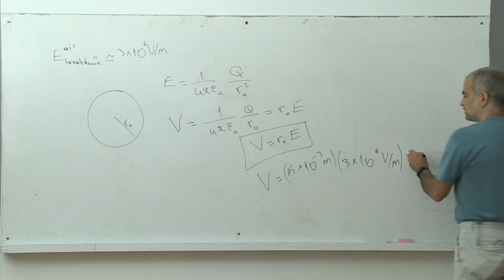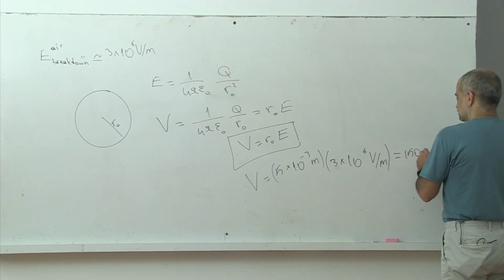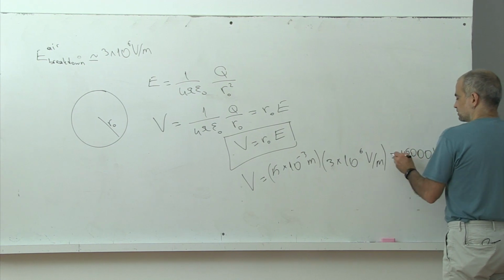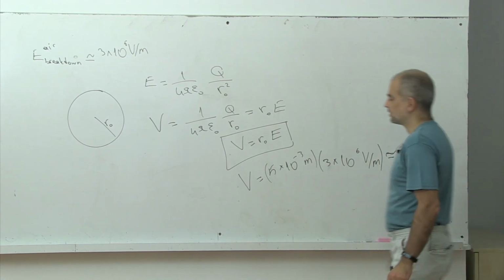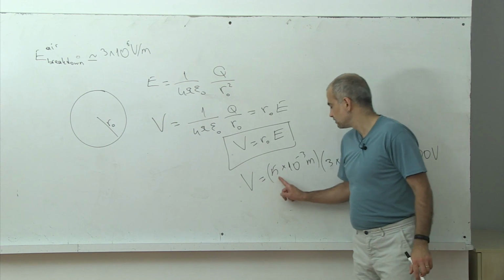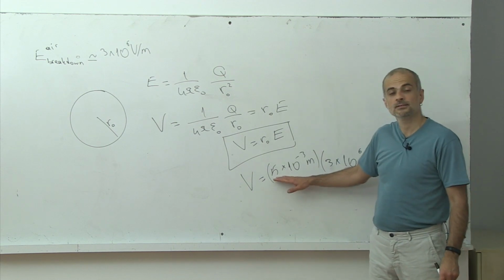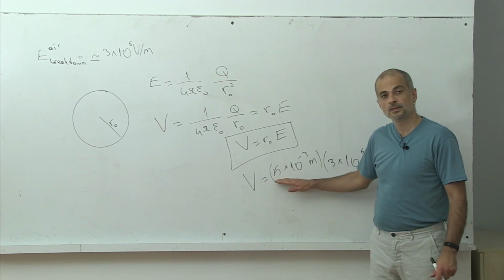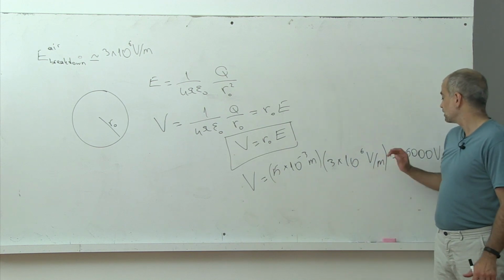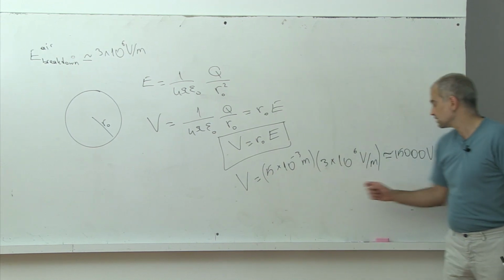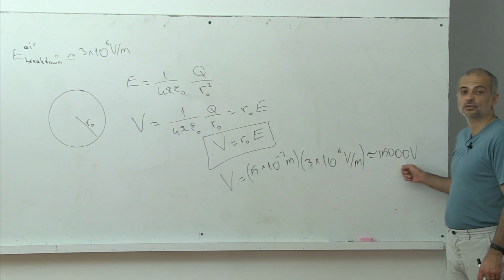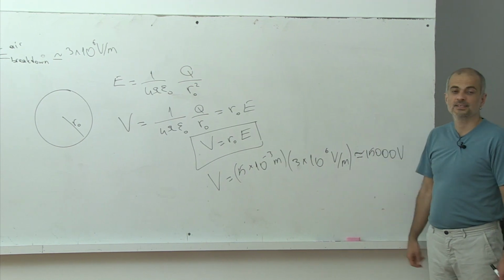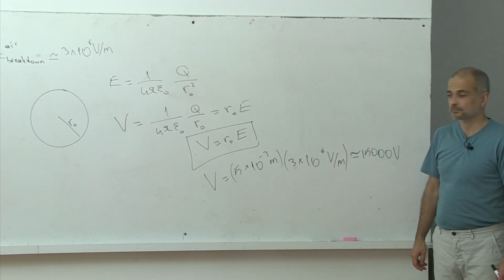And this is just 15,000 volts. So if you have a 5 millimeter small sphere, and if you apply a voltage that is larger than 15,000 volts, you will create an electrical breakdown.